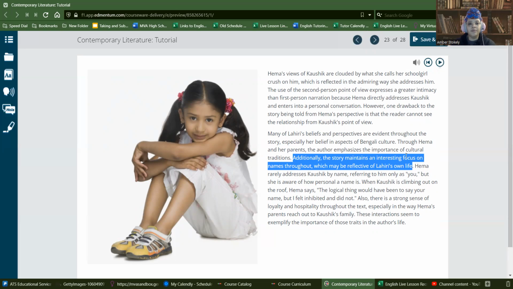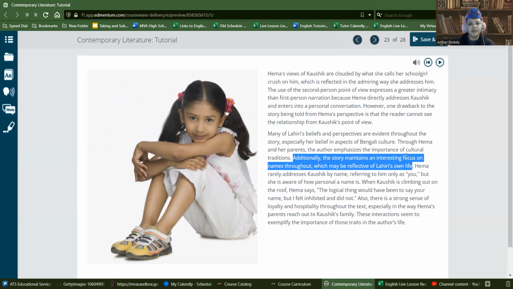In the story, Hima very rarely addresses Kaushik by name, referring to him mostly as you throughout the story. So not only does that make things feel more personal to the reader, but it's also noticeable that she doesn't use Kaushik's name. Now there's some strategic moves that are happening with that.